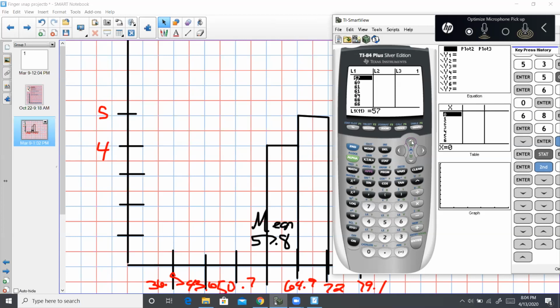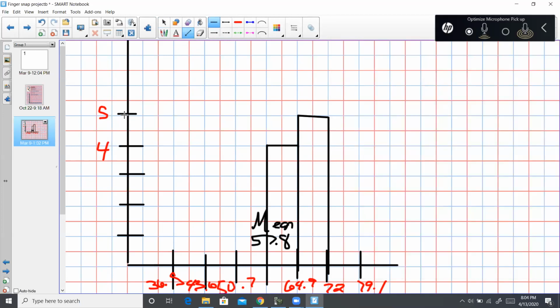So that's 1, 2, 3, 4, 5, 6, 7, 8, no. So we need to do 7, right? So that's going to be 7 right there. So I'm going to come over here, put a 7 here, and draw a bar up to that point. So we're going to go up to 7, come across here, and that's 7.